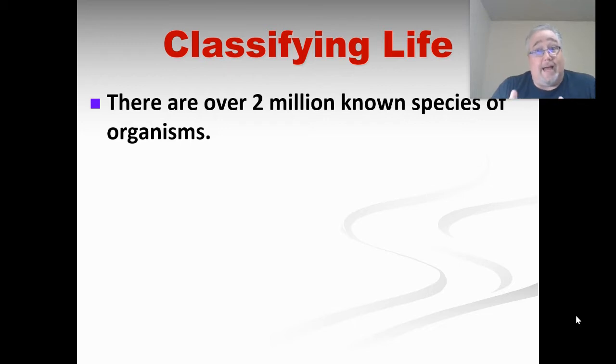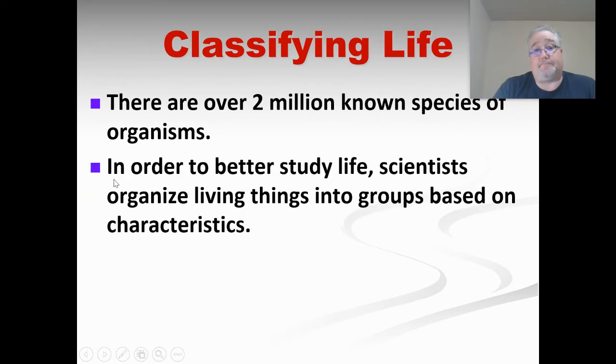That's not the only type. There's other ones as well that are a little bit different. And the other day we talked about this word species and what that means, right? Organisms that can interbreed and produce fertile offspring. So each species is very unique, but there's over 2 million of them currently on the planet.